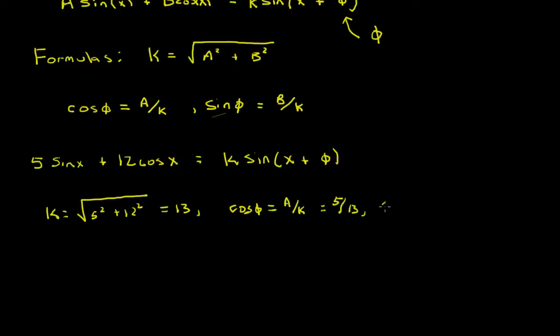And the sine of phi would be 12/13, b over k. Okay, at this point we need to use a calculator if we expect to approximate the value, which is typically what we'll do. I'm going to work in radian mode. If we take the cosine inverse or sine inverse of the appropriate number, we'll get a value for this.